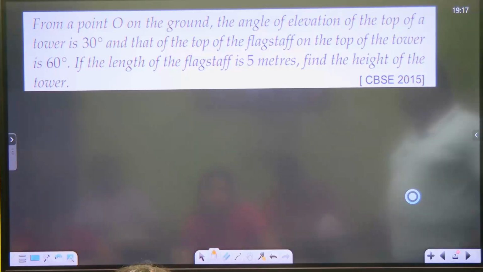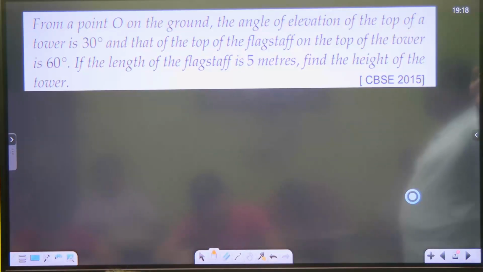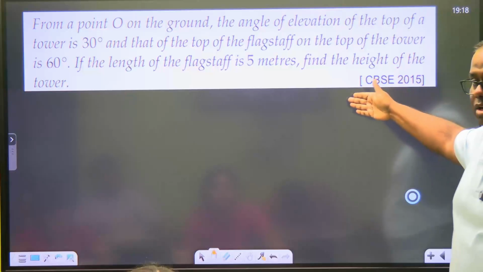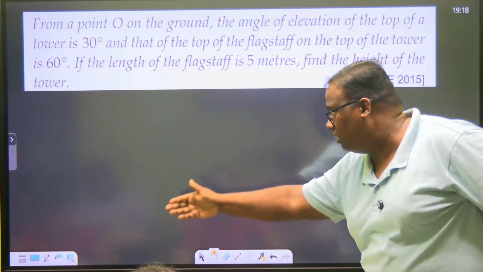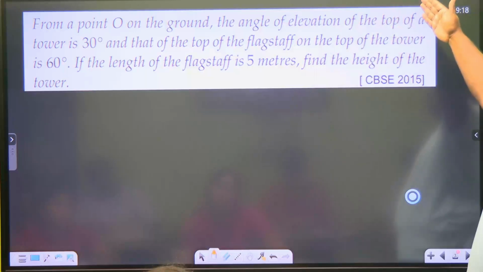Now, the tower is also very stylish in this question. You've got a tower, you have got a flagstaff also on that tower. Koshish karo. So just imagine, this is my tower, and this is the flagstaff. So up to the tower the angle will be less, up to the flagstaff the angle will be more.